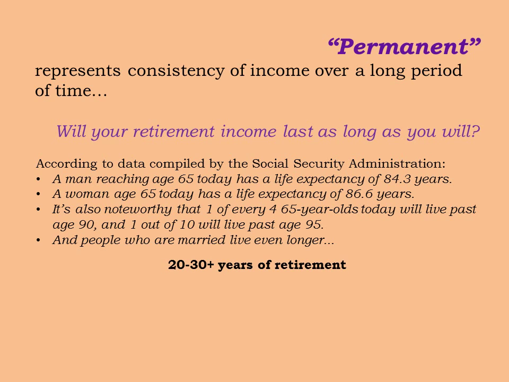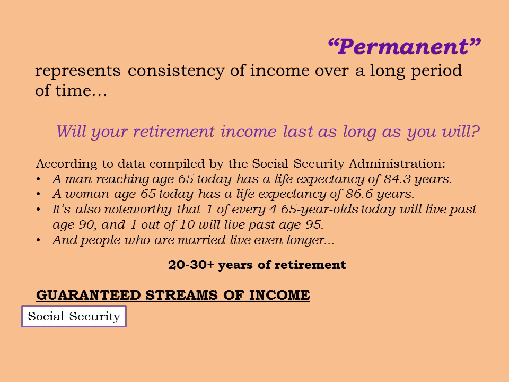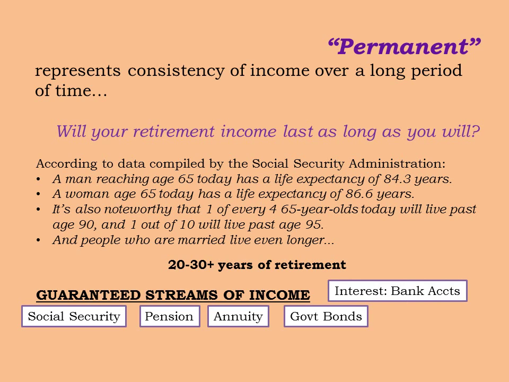What all this means is that people retiring today are likely to have retirement horizons of at least 20 to 30 plus years, which means that they need guaranteed streams of income, which include Social Security, pensions, income from annuities, government bonds, interest from bank accounts, and withdrawals from life insurance.